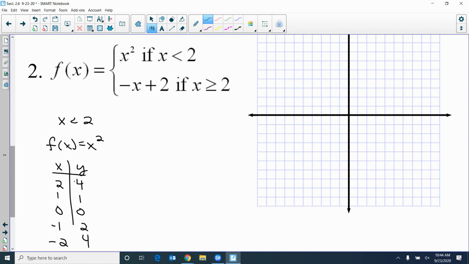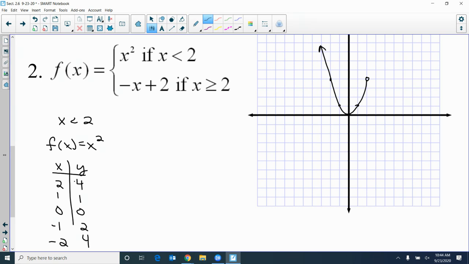So go to 2, 4, put an open dot. Now the other ones are just regular points, and this continues for everything less than 2. So it'll look like that. But it has to start at 2, 4 and essentially stop there.